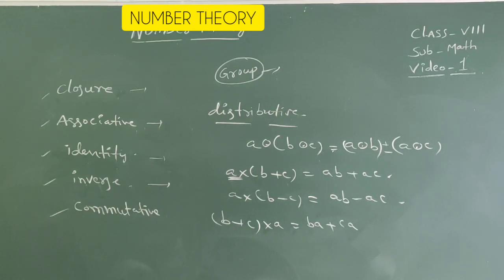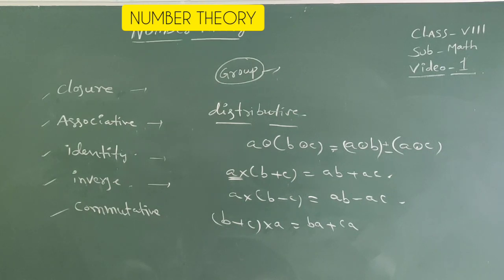That's why integers is a group with respect to addition. With respect to subtraction, it's not a group. With respect to multiplication, it's not a group because 2 belongs to integers, but 1 by 2 doesn't belong to integers. That's why the multiplicative inverse is not present.